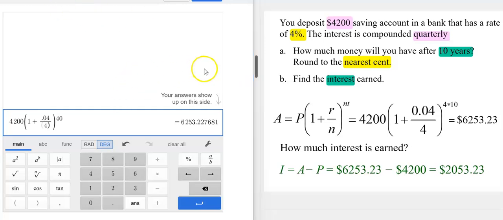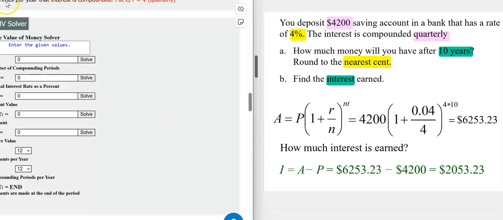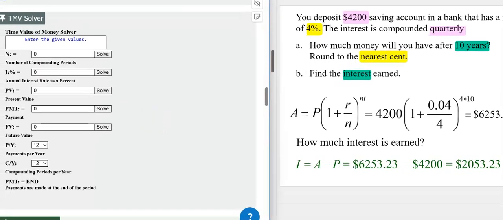Okay, the other way to solve this problem is using the TVM solver. That's the TVM solver here. In this case, you have to put the variables in correctly. First, you have N here. The uppercase N is lowercase n multiplied by t.